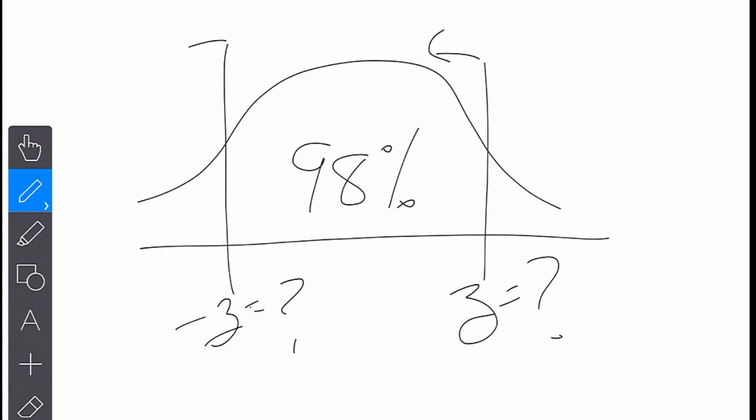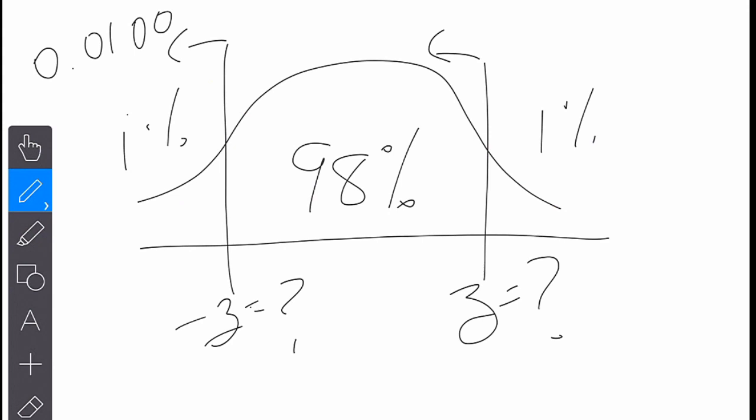I could use my normal distribution table to figure this out. There's 98% in the middle, that means there's 1% here and 1% out here, or we would write that as 0.0100.